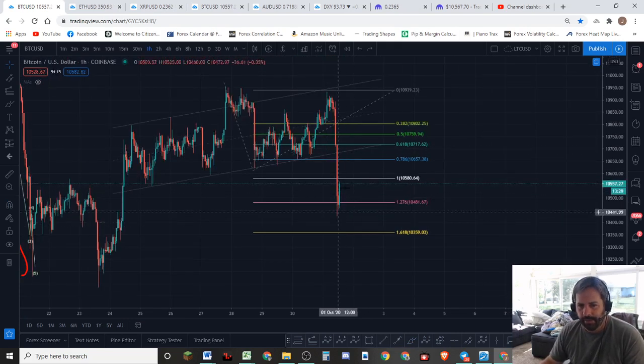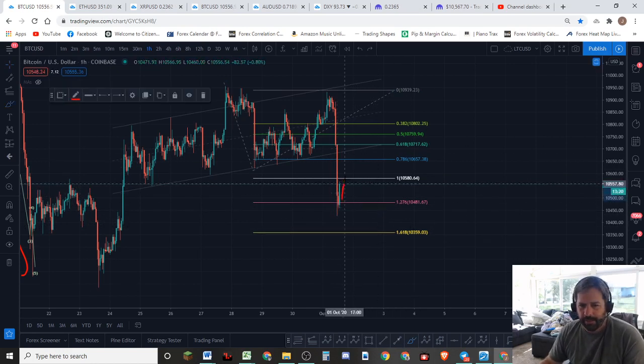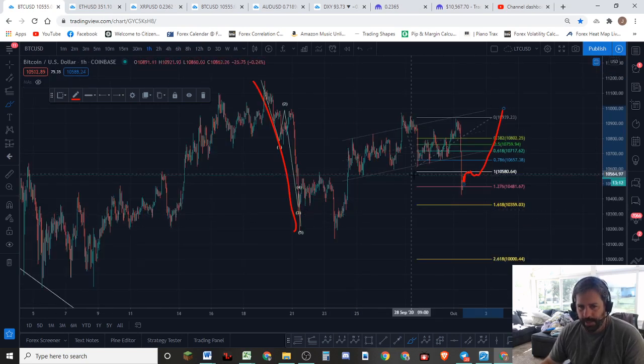Now, if we're getting some rejection here, and on the 1-hour chart we're getting a big green candle there, if this plays around here and then just continues to go up, okay, then that's another possibility. What would that be? Well, this would be a 3-wave move right there.